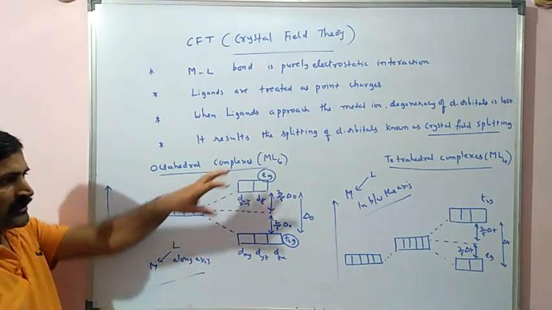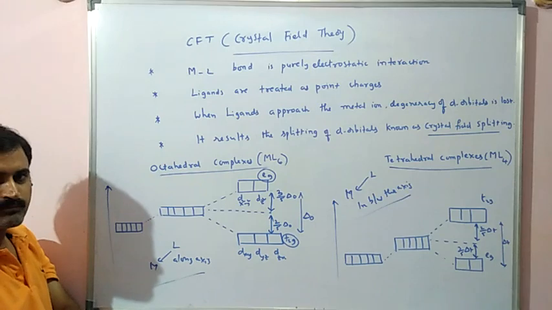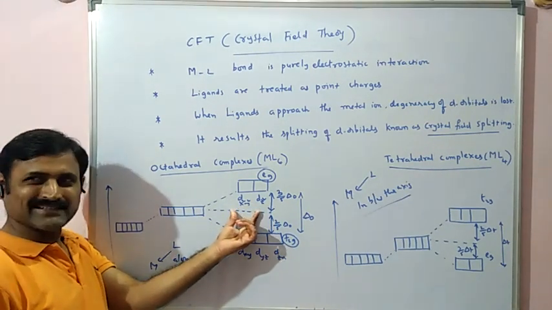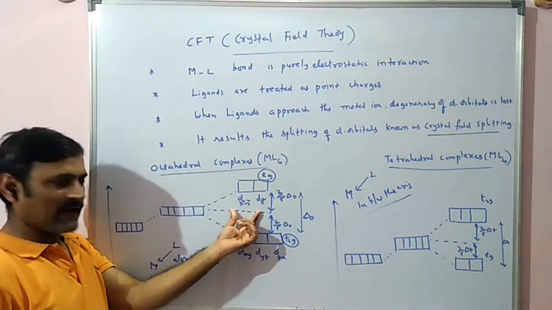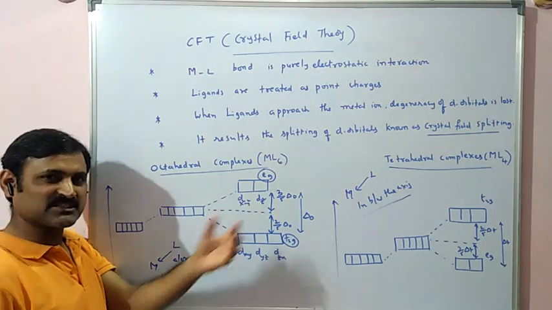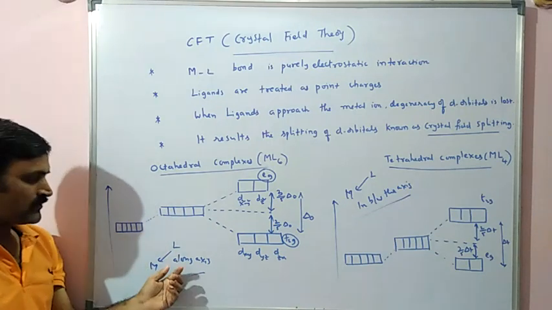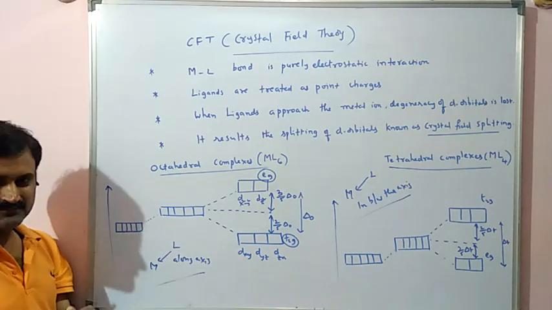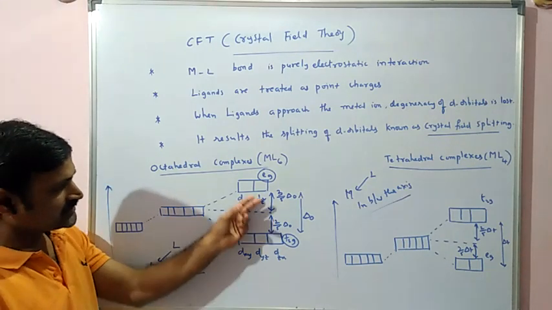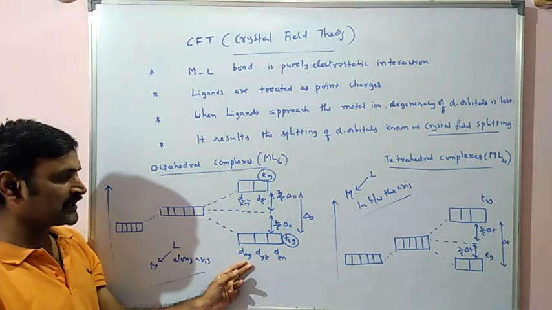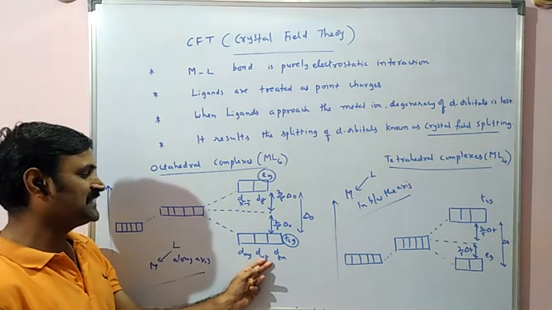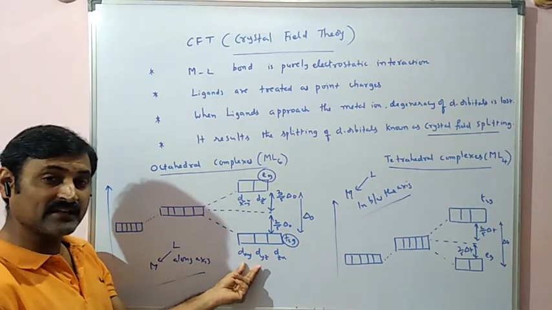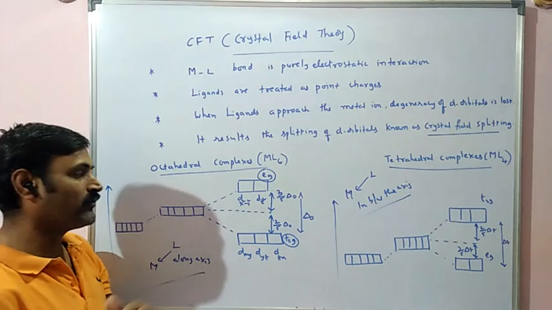The eg group will get more energy because the orbitals dx square minus y square and dz square, having lobes along the axis, will experience more repulsion due to the ligand approach along the axis. The other type of d-orbitals, dxy, dzx, dyz, where the lobes are present in between the axis, will experience lower energy.